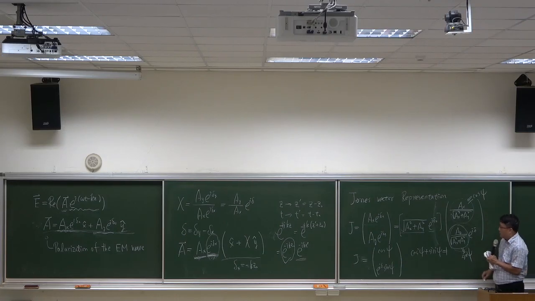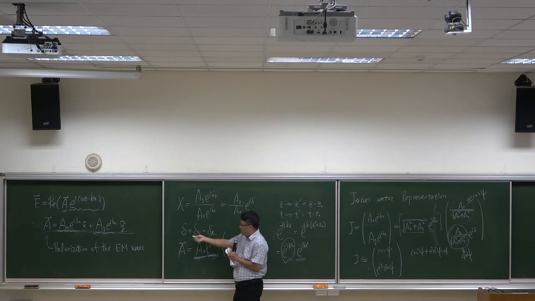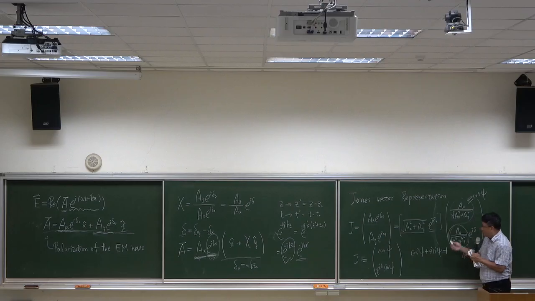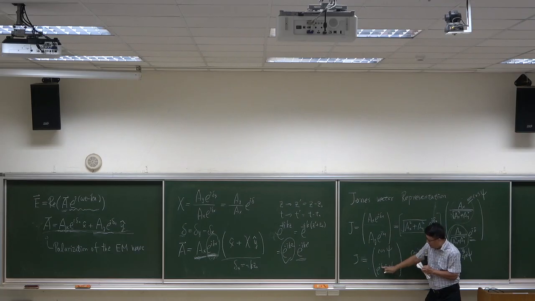We already know that the difference between delta_y and delta_x is defined as delta. So here we have an additional phase factor, exponential i delta. So I can write this as cosine psi, exponential i delta times sine psi.